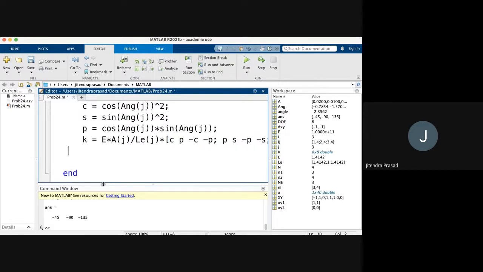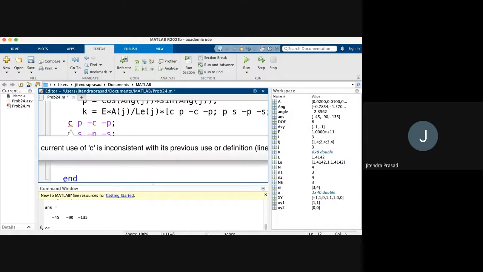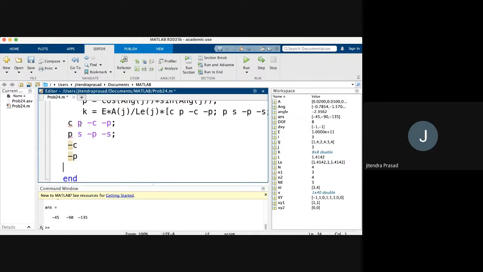If you have difficulties looking at that, we can also write it this way, so that we can arrange it nicely like this. Now we have minus c here, and then minus p here, so cp minus c minus p s minus p minus s.